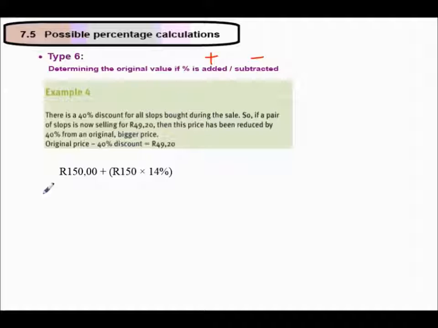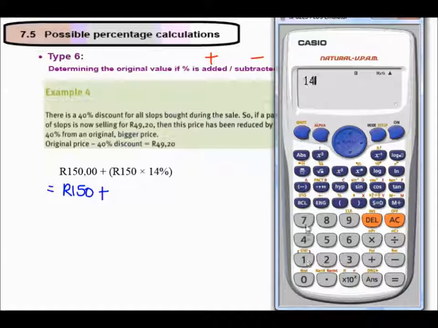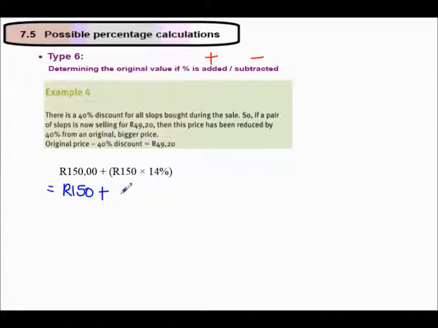So over here we will have 150 Rand, add VAT to it, 14%, so 14 over 100, 14% of 150 Rand equals 21. So I'm going to add 21 Rand. So 150 plus 21 Rand will give me 171 Rand exactly.